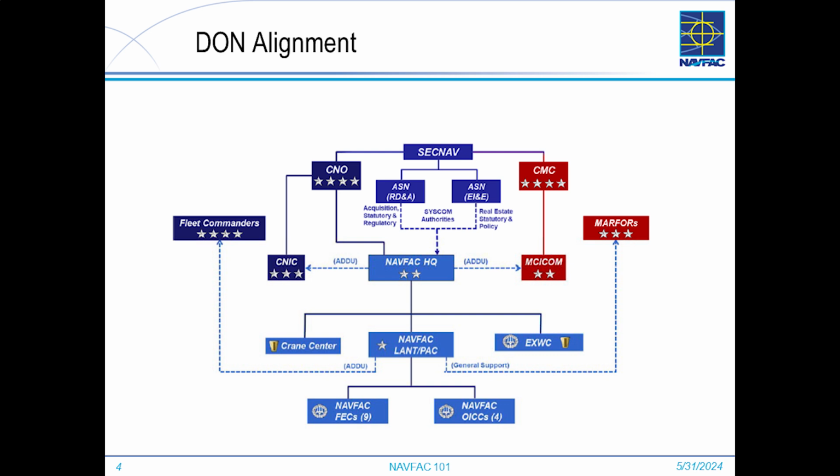And then beneath NAVFAC Atlantic and Pacific, we have our Echelon 4 level commands. We have our FECs, which stand for Facility Engineering Commands. They exist under both PAC and LANT. And then we also have our OICCs, which stand for Officer in Charge of Construction. So in today's class, we will talk more about our command structure in much more detail.